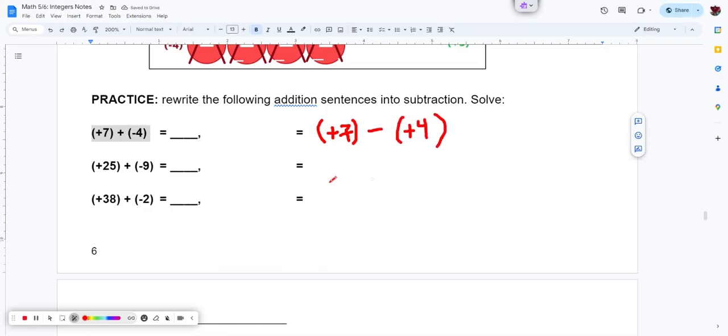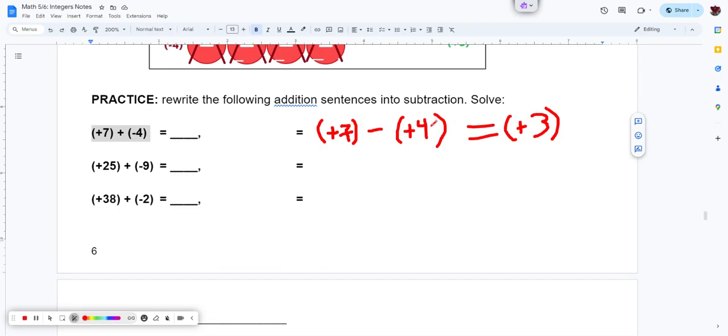And this is straight back to grade 1. 7 take away 4. You betcha, that's 3. Positive 3. So we can see how turning this adding a negative sentence into subtracting a positive made it more manageable. That's partly why we teach this integer rule, so that you can manipulate these questions into something that might be easier to you.